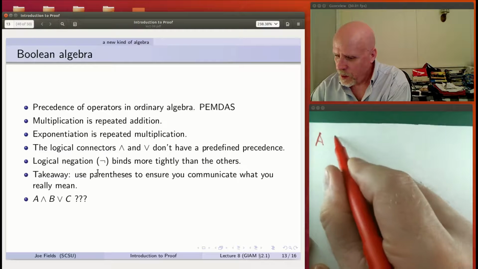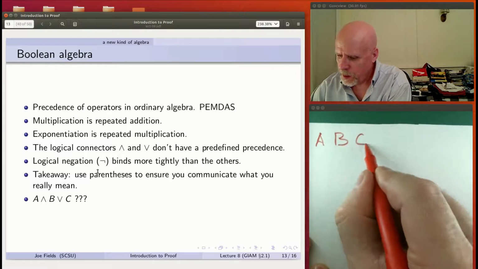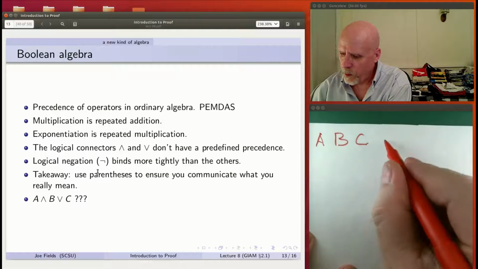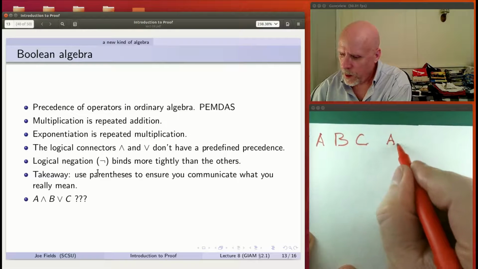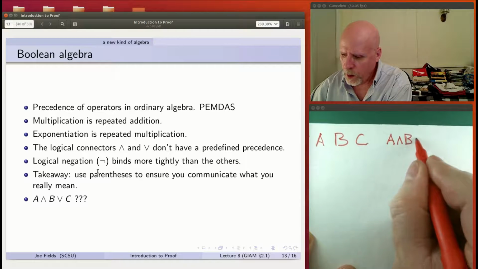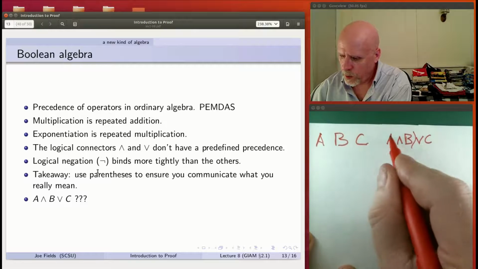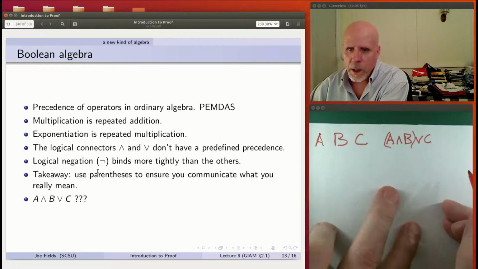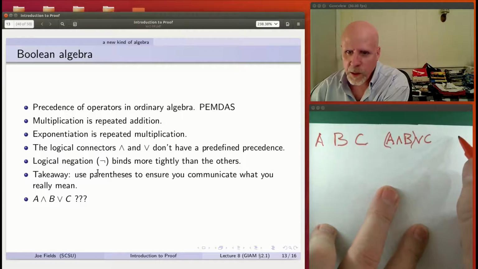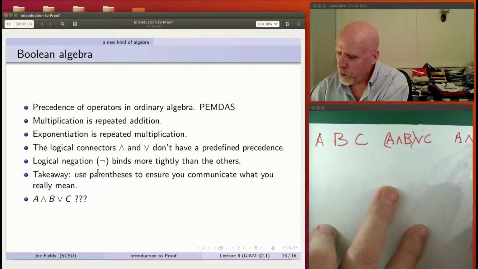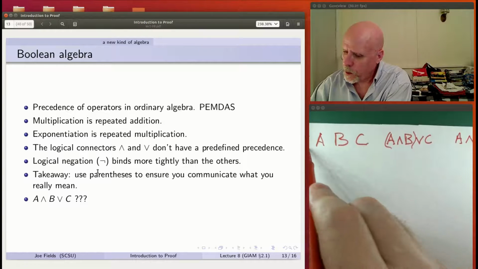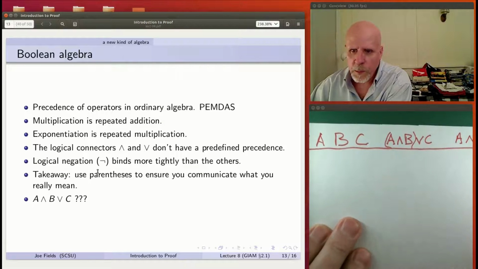Okay, A, B, and C. And then we have first A ANDed with B, and then ORed with C. That's parentheses around the first group. And secondly, this one's going to go off the edge, unfortunately, but we'll remember what it is. A ANDed with the result of B or C. So that's the column headings for my truth table.